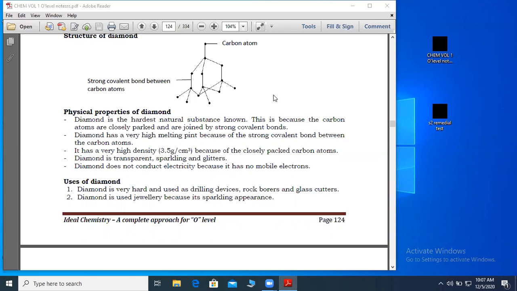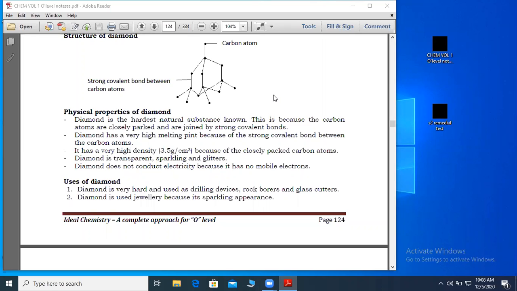So when you are told to explain, you actually gave a reason, you did not explain. There are 2 questions which can be asked. Someone can tell you, give a reason why diamond does not conduct electricity. There you are free to say diamond does not have mobile electrons. That one will be okay.